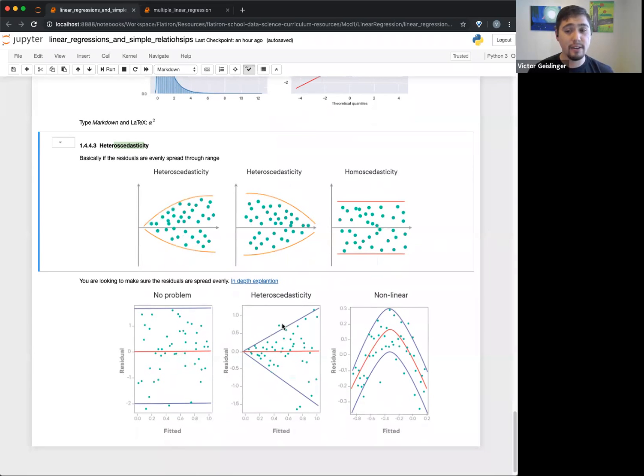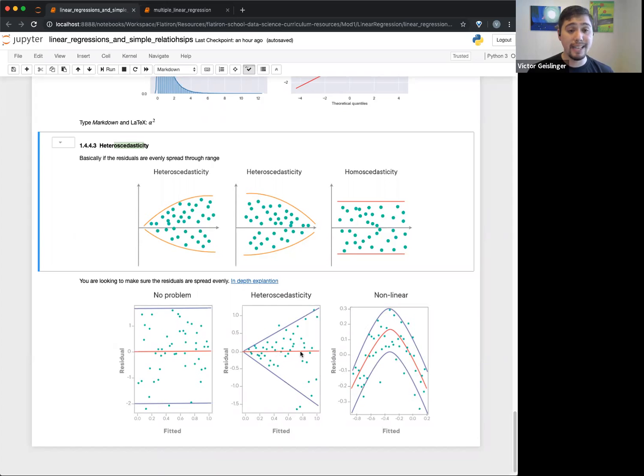And then here we have a heteroscedastic one, so you can see that the residuals get larger as we increase our X. And here we can see something even funkier, which is, in this case, a nonlinear thing. This is not heteroscedastic, but it's also not homoscedastic. I don't know if you can actually call this heteroscedastic. I could be wrong on the definition, but in general, we say, oh, that's clearly not a linear equation.